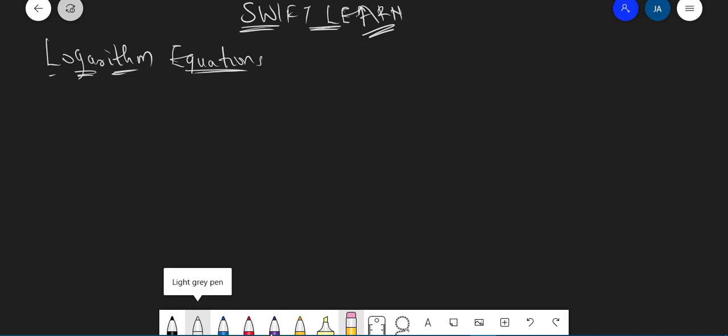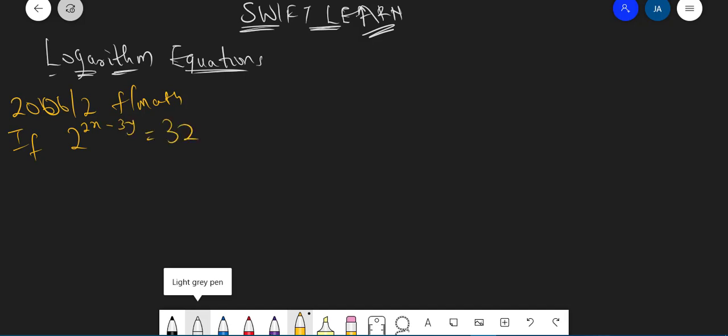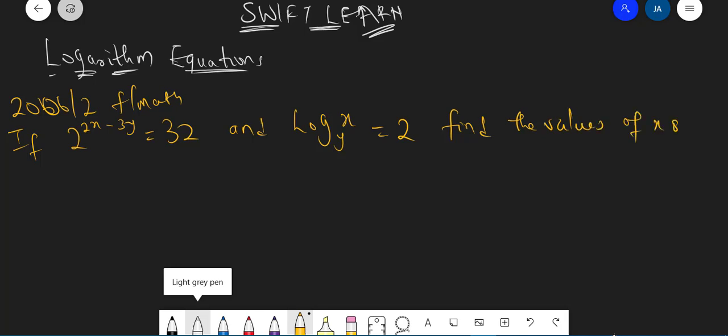Now look at the question. Let me use a different marker. You can check your past question 2006 question 2 for that math. You have if 2 raised to 2x minus 3y equals to 32, and log x of y equals to 2. Find the values of x and y. Now, do you see something here? This is a combination of indices and logarithm. Very interesting question.